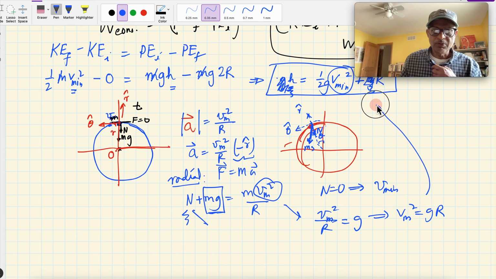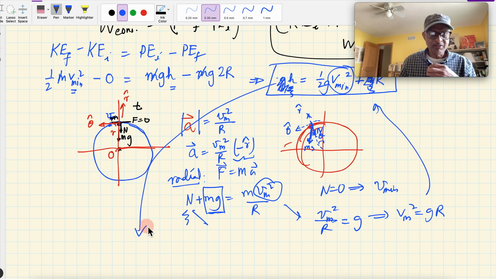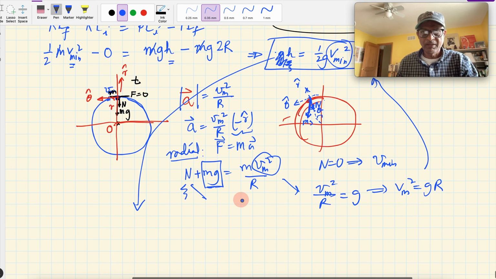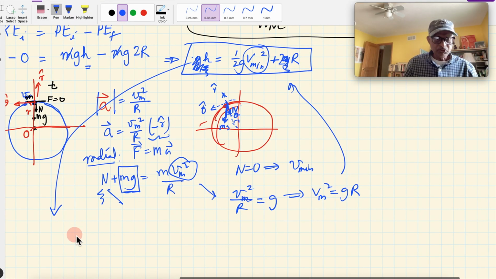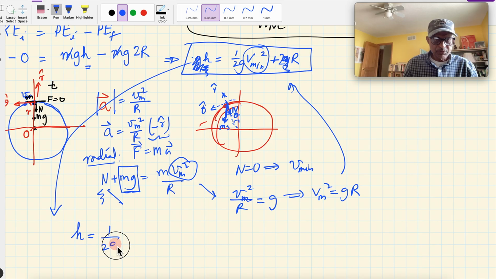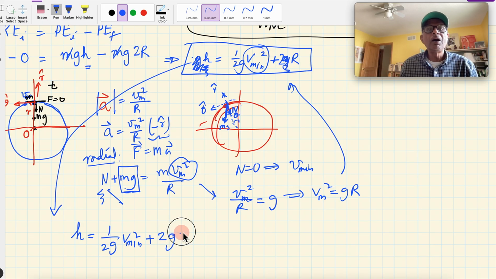Now let's go back there and rewrite over here. So h is equal to 1 over 2g v min squared plus 2r, the g's cancel out.